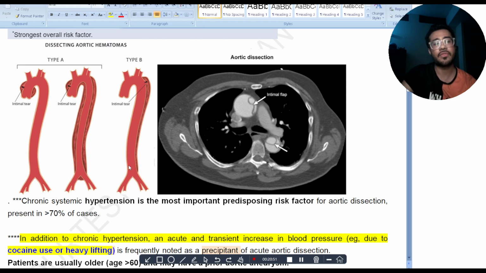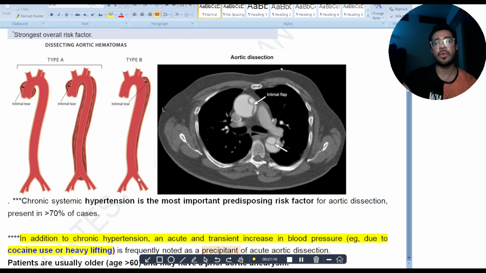Similarly, as you can see in this diagram, in type B the dissection flap is propagating downward, and it's gonna pinch the left side of the aortic bifurcation. That's why the left leg is gonna have lower systolic blood pressure in the dorsalis pedis and posterior tibial arteries compared to the right side. So it's a variable thing.